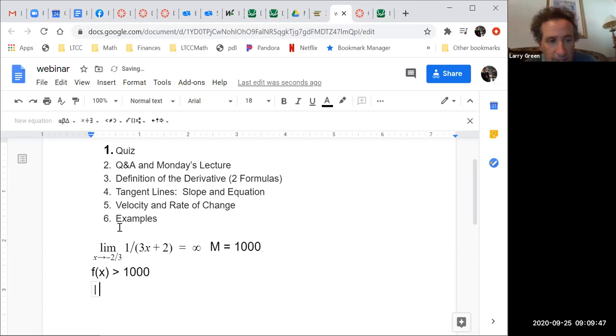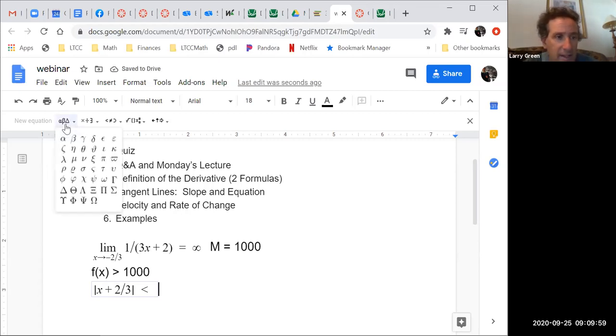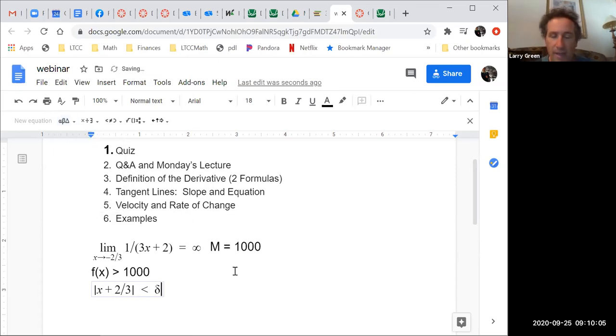The absolute value of x minus negative 2/3, which is x plus 2/3, needs to be less than delta. I don't know what delta is. Delta is a something, and our goal is to find delta. And then we'll always get f of x greater than 1,000. Got it?